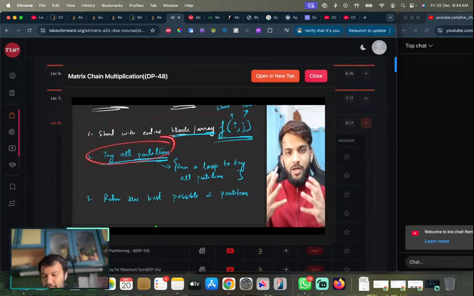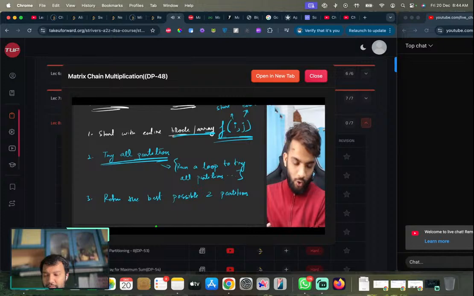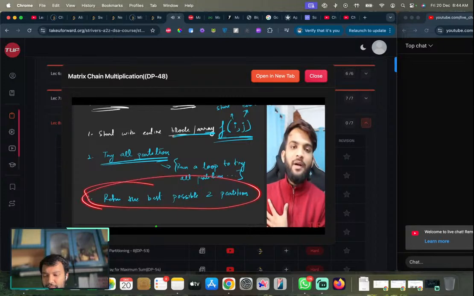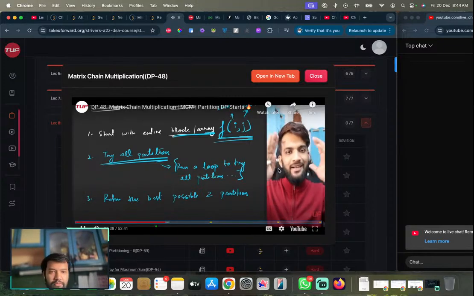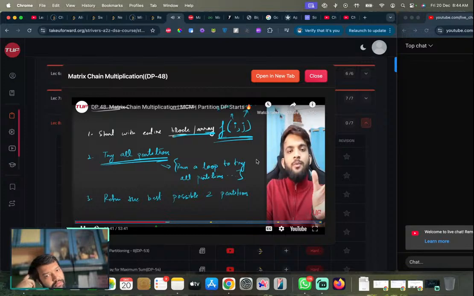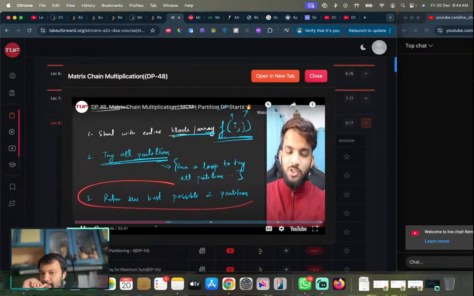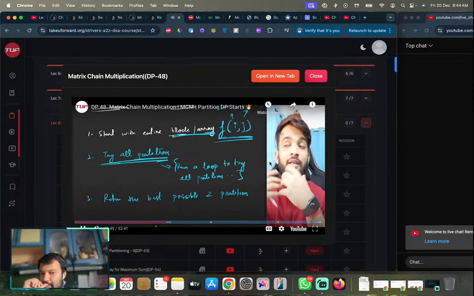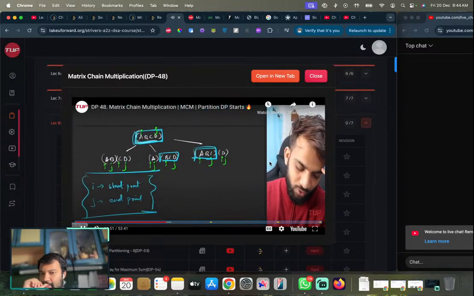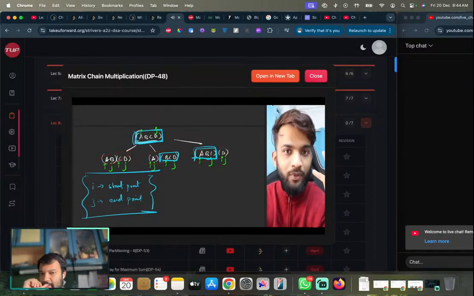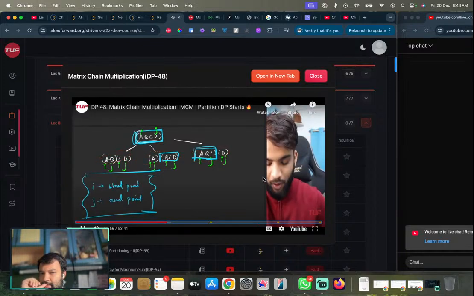Try all partitions, because you're going to try out every possible way to solve it, and return the best possible 2 partition. That's it. You take the entire problem, break it down into every possible smaller problem, try to solve them, and return the best possible partition. That's the straight funda.